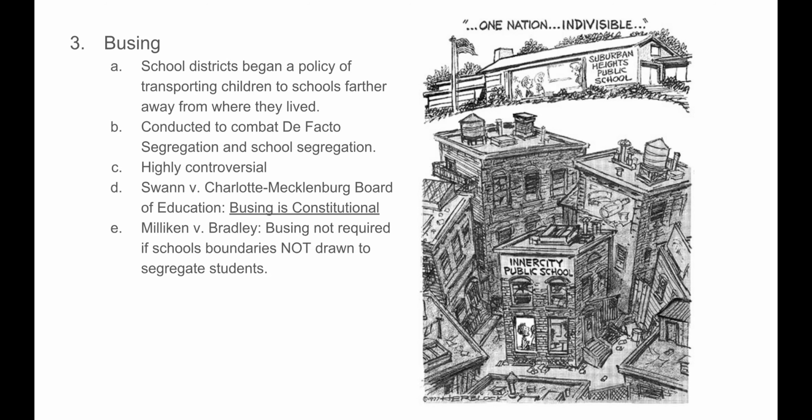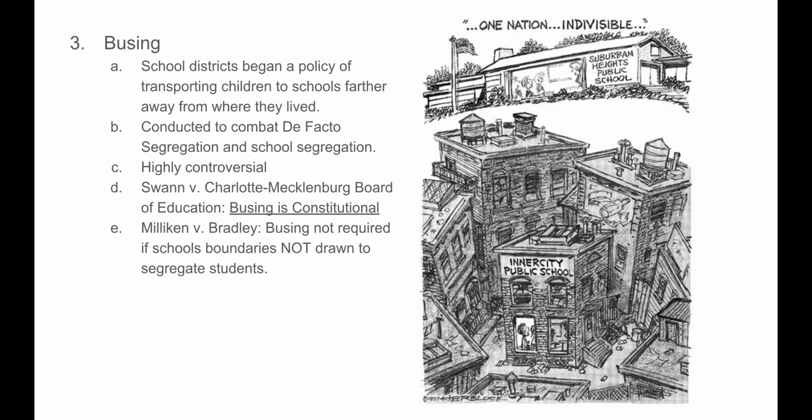And the situation here is when we have something called white flight, when white Americans began leaving the urban centers for the suburbs, it created this geographical divide, this de facto segregation, where the cities became largely impoverished and largely made up of black Americans, and the suburbs became wealthier and largely made up of white Americans, and the schools reflected that.